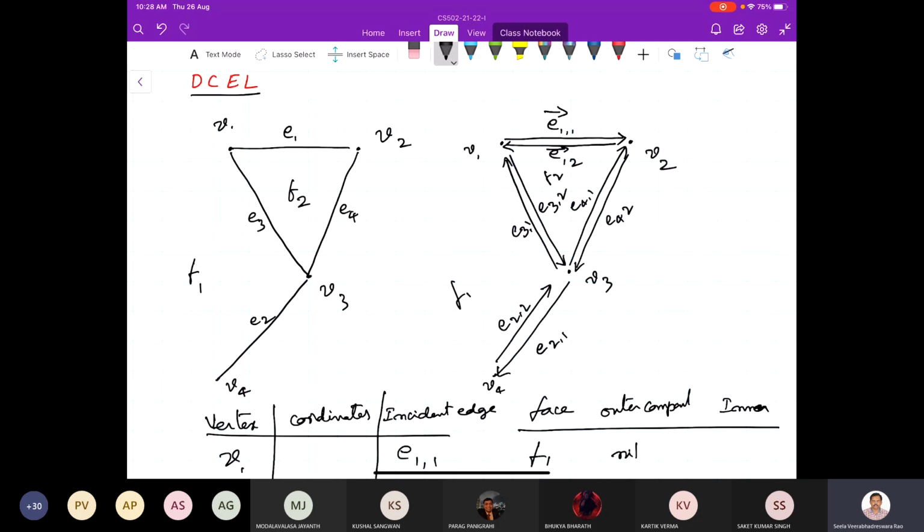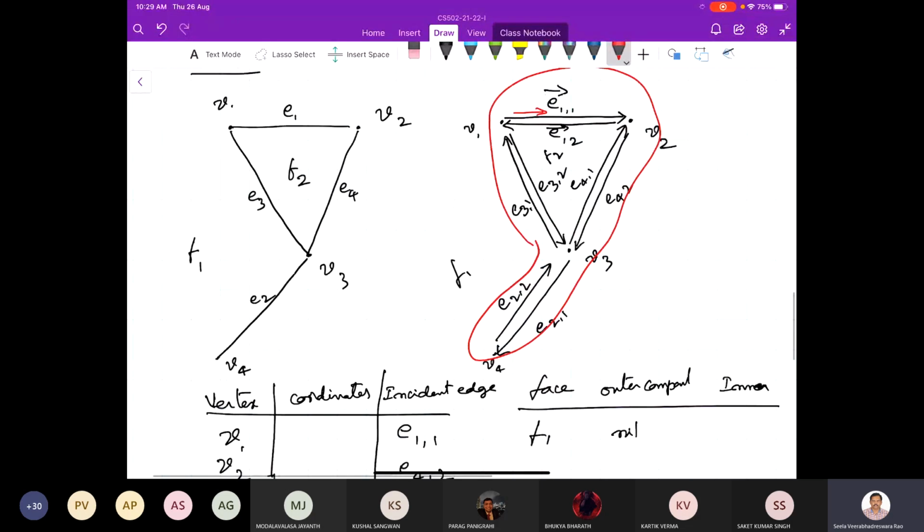You can treat this as a hole inside this face F1. Okay. So for this one, we'll store one edge which is incident on this one. We can keep any one edge. We'll keep an off edge such that the face is on the left side when you traverse on this one. Suppose you take this E11, so if you traverse on this one in this direction, the face F1 is on the left side. So we'll keep this edge.